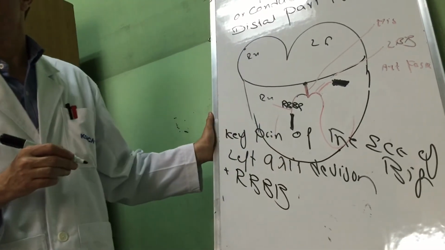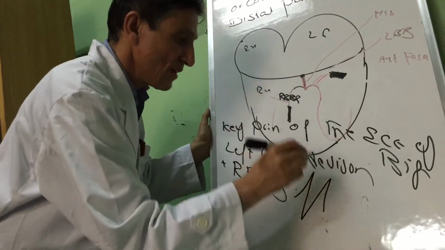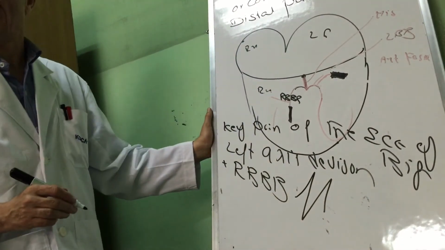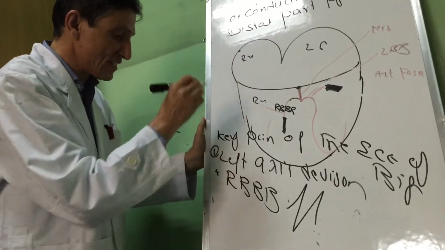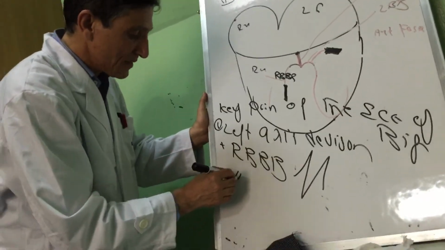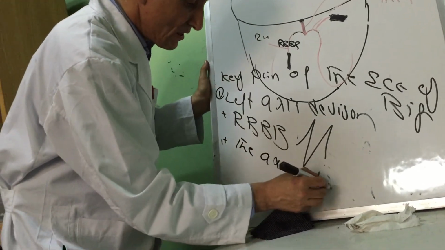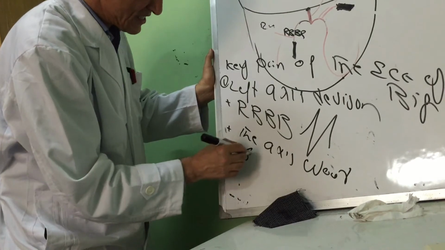In V1 we have this type of pattern, a W shape. This is criterion number 1, left axis deviation. Number 2, right bundle branch block, and the axis would be around minus 60 degrees.